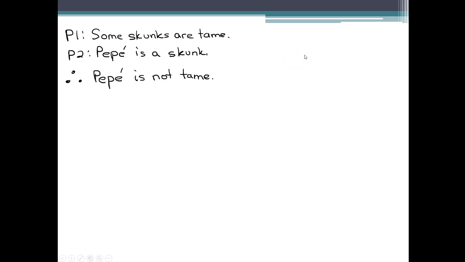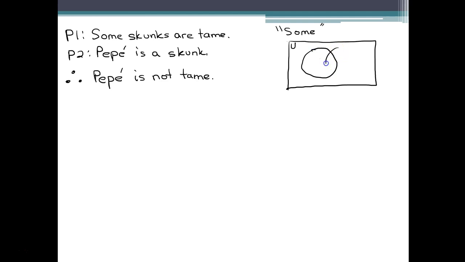The word some can be one of the trickier ones to do. If you're dealing with some, and you're drawing a Venn diagram, you're going to have an overlap. So if you have two circles and you're dealing with some, there's at least one element that's in both sets.